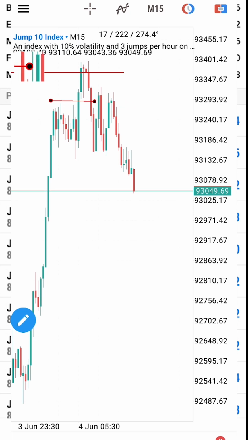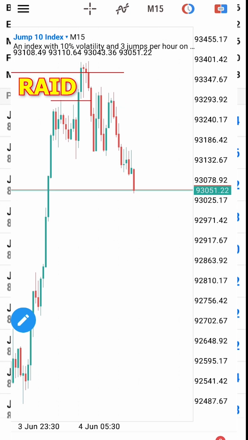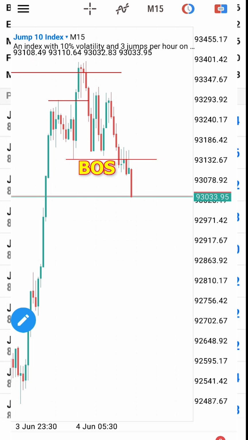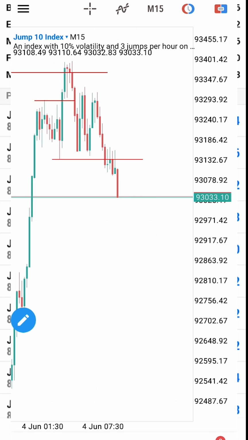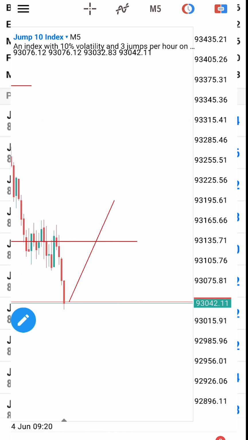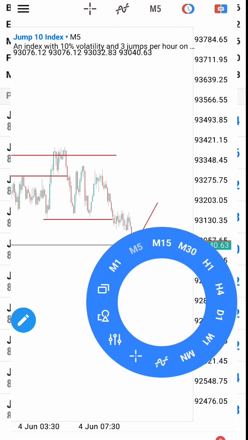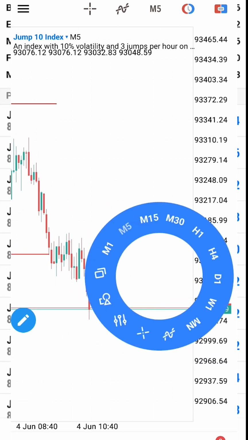So when it was wiping, price raided above that high, and then now you can see the BOS, or the change of character, and it's ready to drop into the imbalance it created and into the down imbalance that we highlighted before.